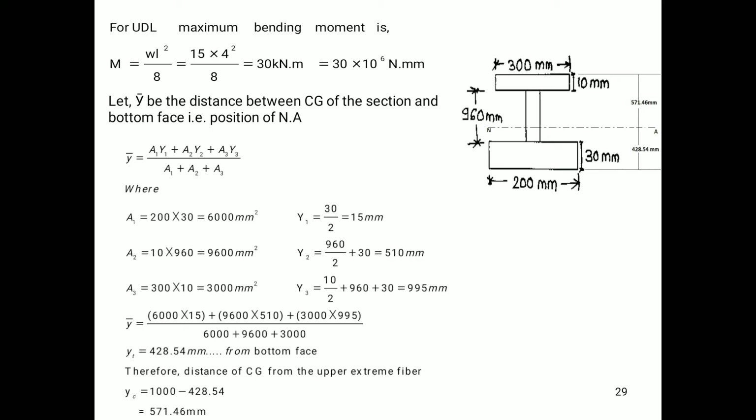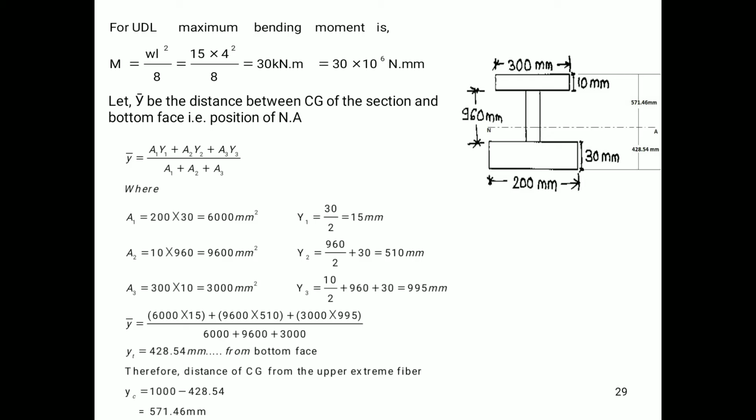Therefore we call it yc. It is the distance of the centroid from the compression zone, and this is given by 571.46 mm.